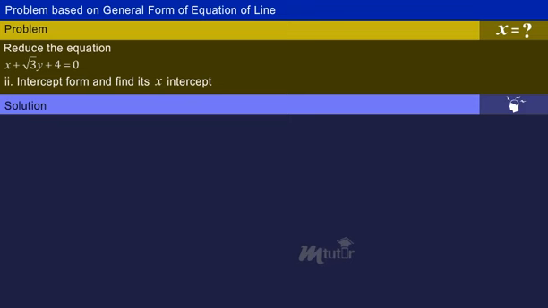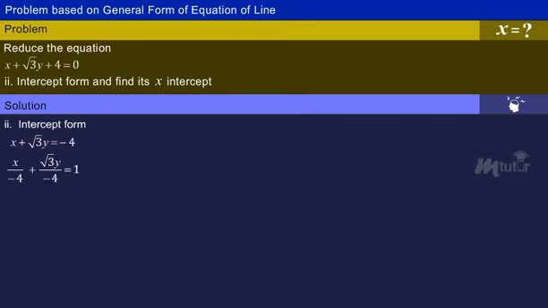Next, we have to find out the intercept form. On taking 4 to the right side, we get x plus root 3y is equal to minus 4. On dividing both sides by minus 4, we get x by minus 4 plus root 3y by minus 4 is equal to 1.